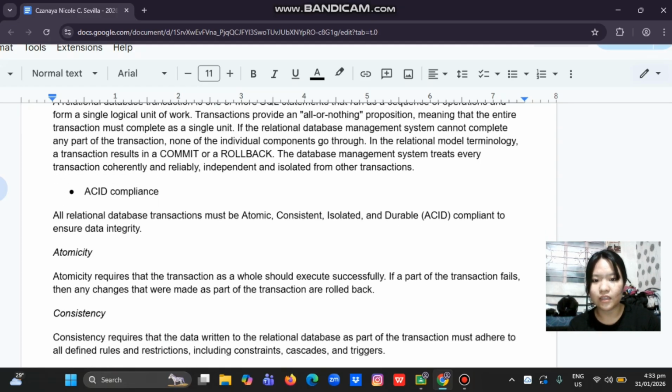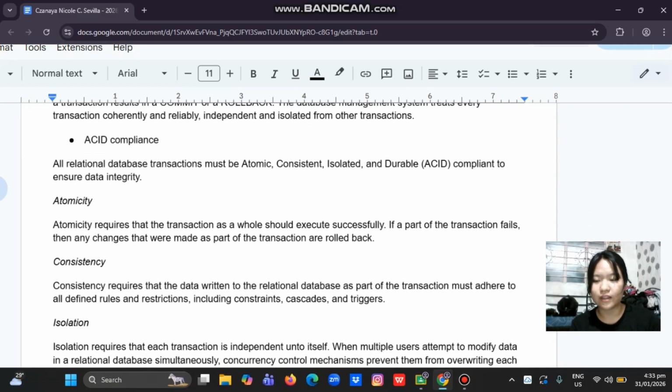If the relational database management system cannot complete any part of the transaction, none of the individual components go through. In the relational model terminology, a transaction results in a commit or rollback. The database management system treats every transaction coherently and reliably, independent and isolated from other transactions.